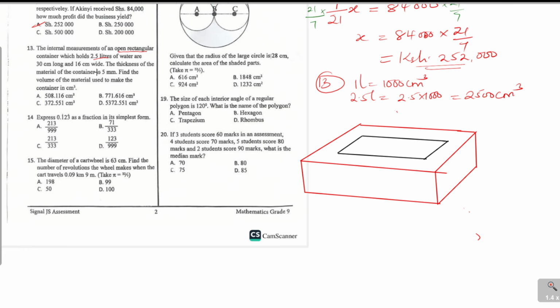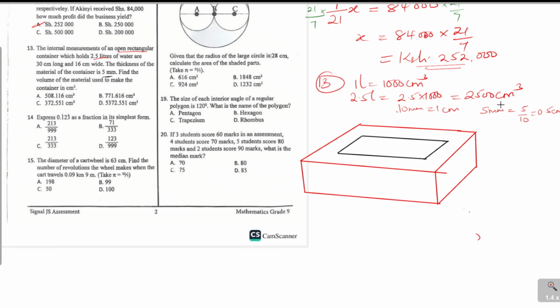So there is a thickness. The thickness is 5 mm. That is 5 millimeters. So 5 millimeters in terms of centimeters will be 5 divided by 10. So this one will be 0.5 centimeters. Remember that 10 millimeters is equal to 1 centimeter.